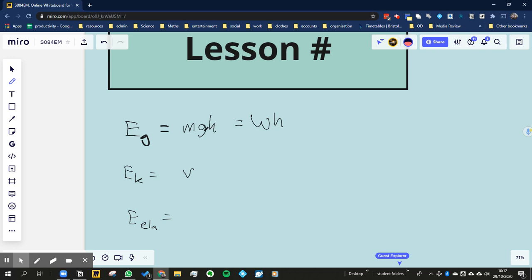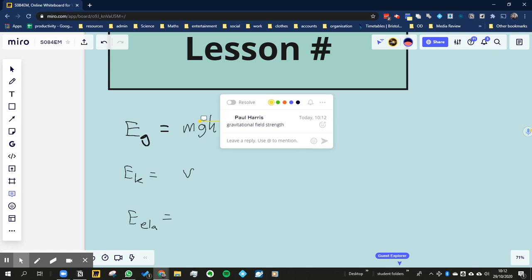This little g here often causes people a lot of stress, because they think that's a lot of things to remember. But it's just the strength of the gravitational field. So how strong is a gravitational field, wherever that is?